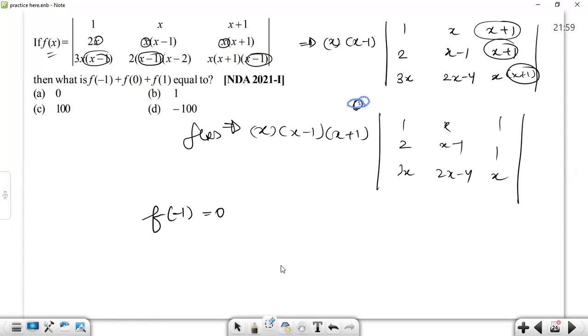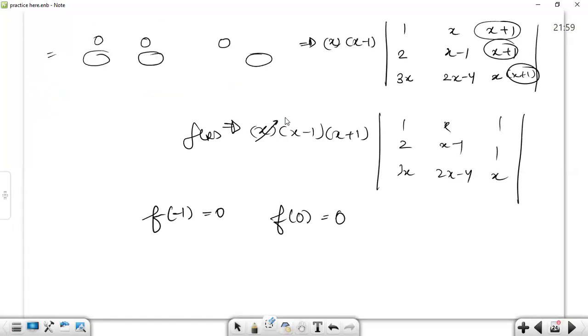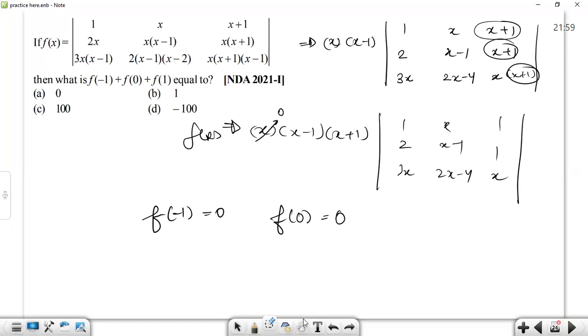Now, similarly, finding f of 0, this factor has become 0. 0 into anything will make f of 0 equal to 0 only. So our work is easy now. Now let's find f of 1 because we have to sum them up.